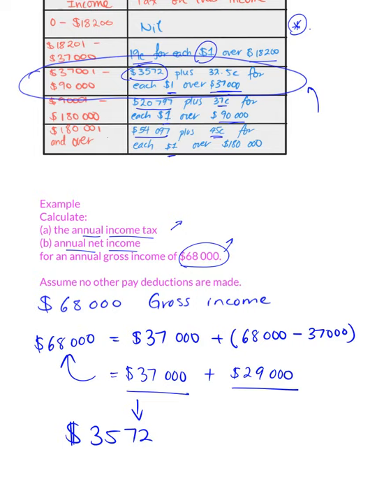Now this second part over here corresponds to 32.5 cents. So we are going to pay 32.5 cents, which is 0.325, for each $1.